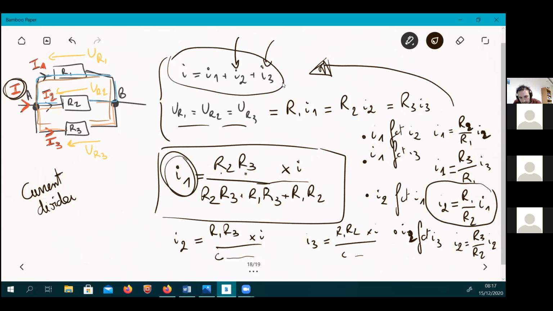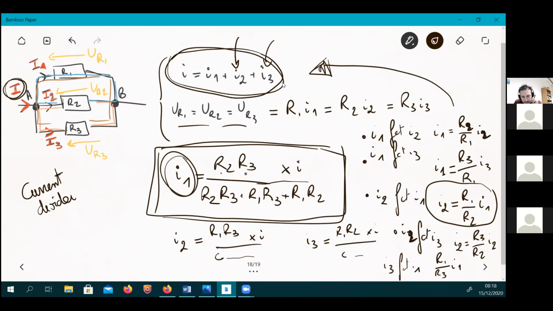And then you want I3 as a function of I1, so I3 as a function of I1 is R1/R3 I1, correct? So then you get this main expression as a function of I1 and I, and you should go back to this formula.